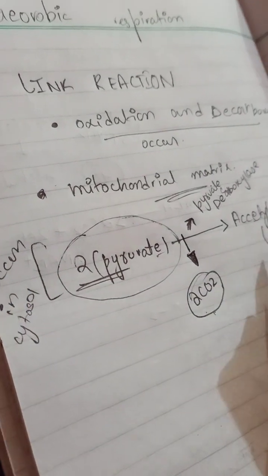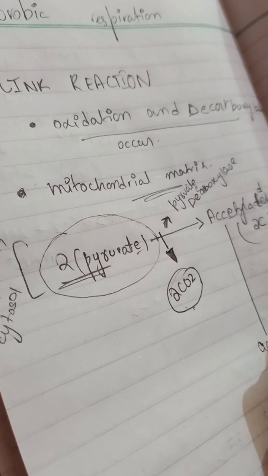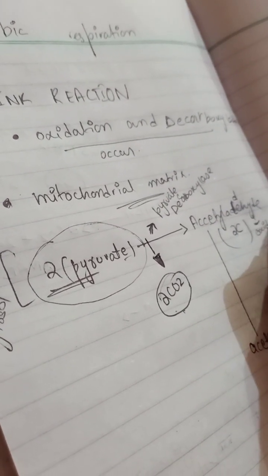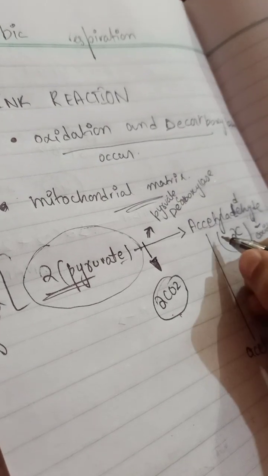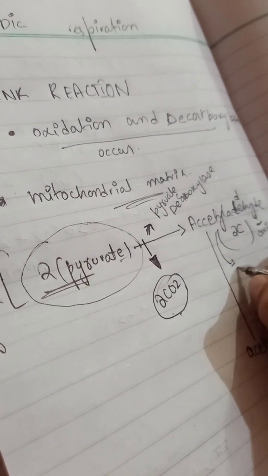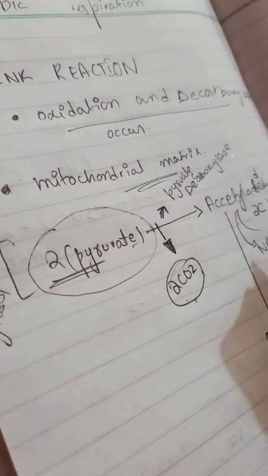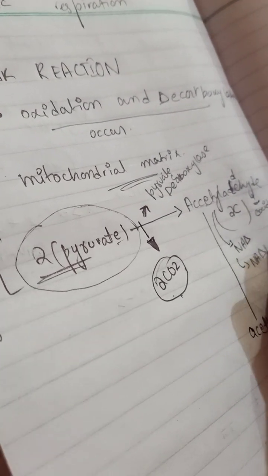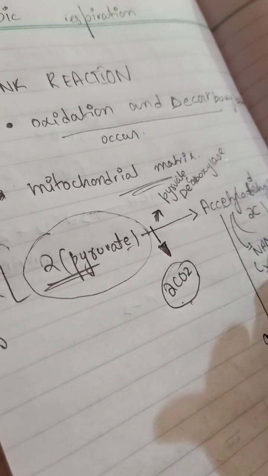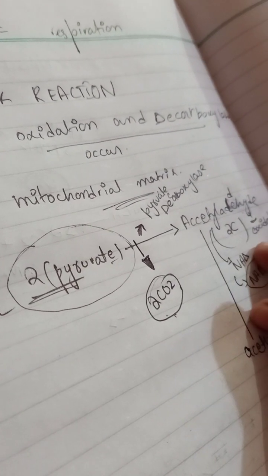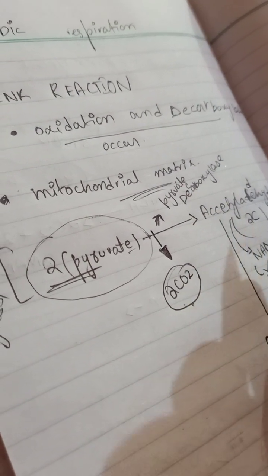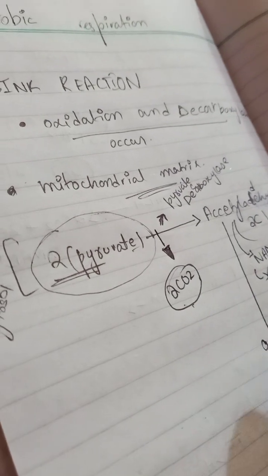Okay, after that this acetaldehyde will convert into acetyl. How? In acetaldehyde the oxidation will occur. From this acetaldehyde NADH will be formed, which means reduction occurs into NAD, and the oxidation occurs because this one has given the hydrogen to it and is reduced into the acetyl.